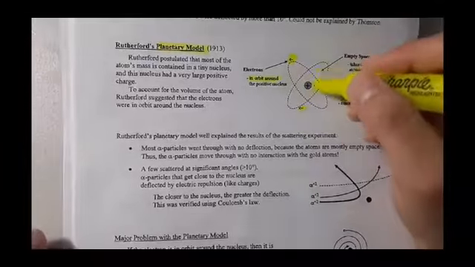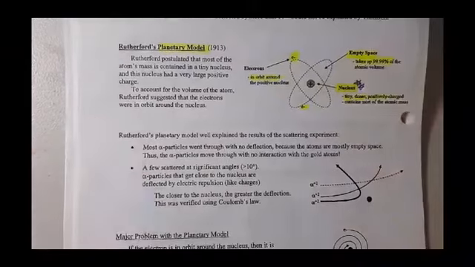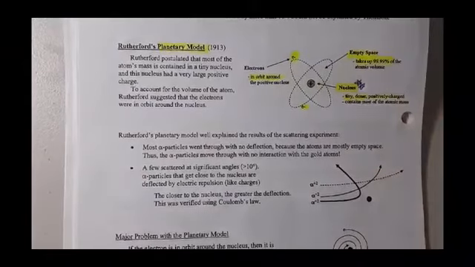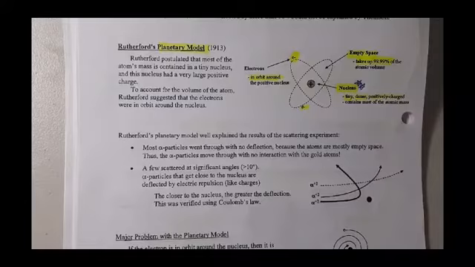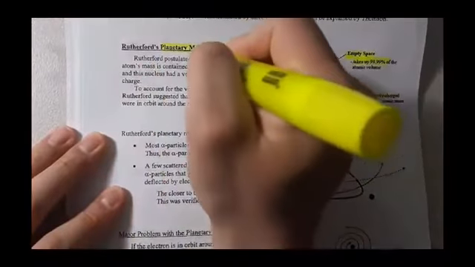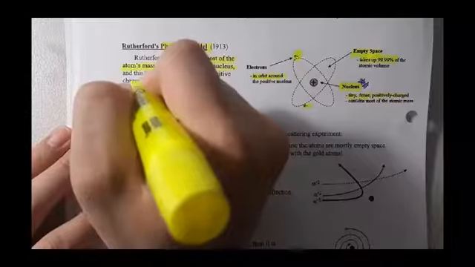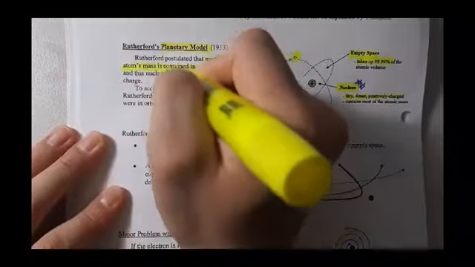And in fact, between those orbits, you have quite a lot of empty space. That is what I want to point out, and that's what Rutherford suggested. His big discovery was most of the atom's mass is contained in a tiny nucleus, which is very dense and positively charged.